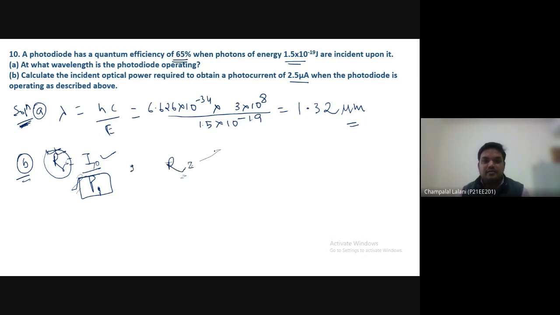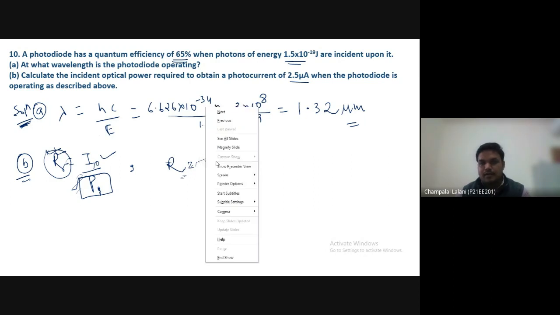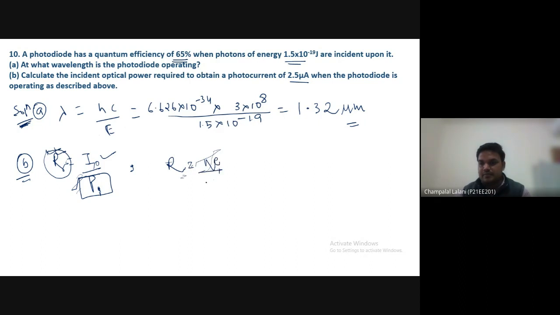So R will be like eta e divided by hf. If you put the values of eta e upon hf, you will get the answer as 0.694 ampere per watt.